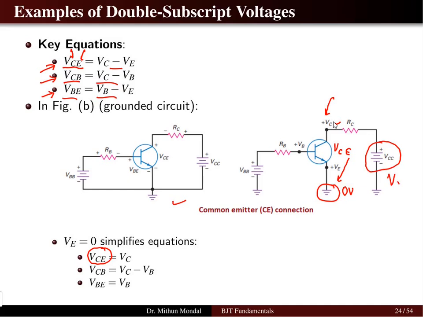So we have VCC, which is the source, but here we have plus VC, which is at higher potential compared to the ground. Similarly, if we are talking about the potential of base to emitter, then the emitter is basically at 0 volt.